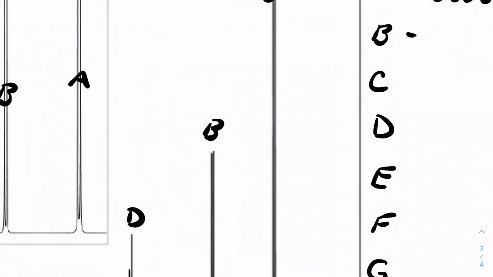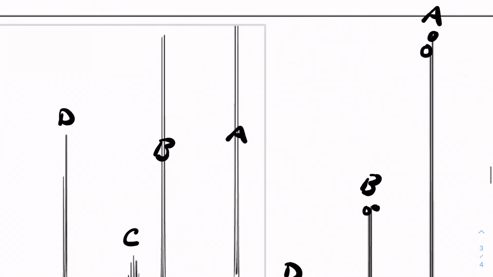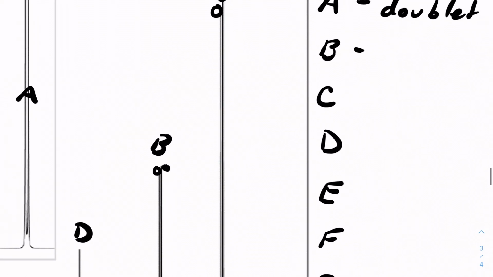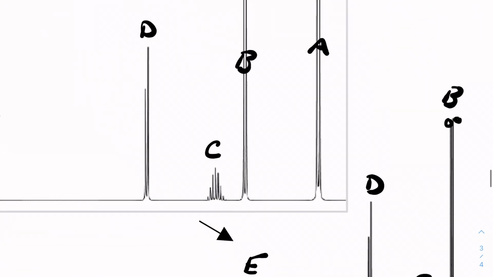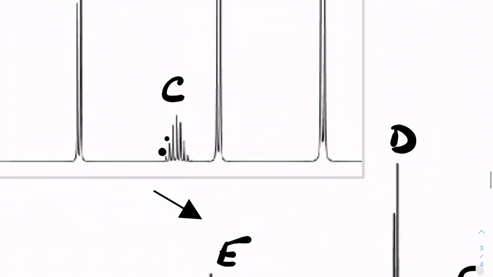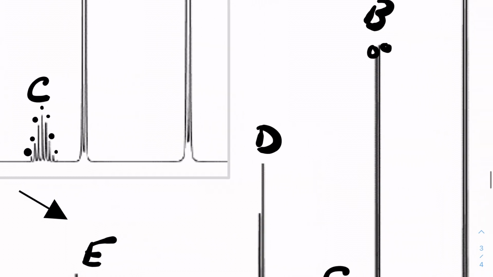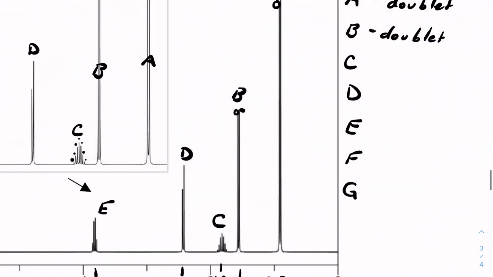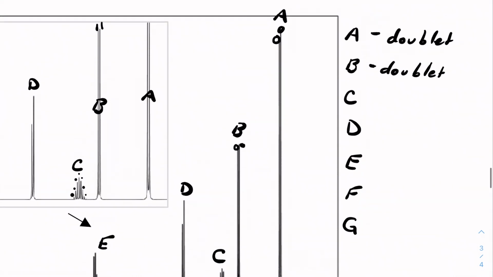For B, we also have 2 peaks, and we can reaffirm that right here. We can see that there's 2 peaks over there, so we can call that another doublet. For C, we've got 1, 2, 3, 4, 5, 6, 7 peaks. So anything really more than 4 or 5 peaks, we just call it a multiplet.